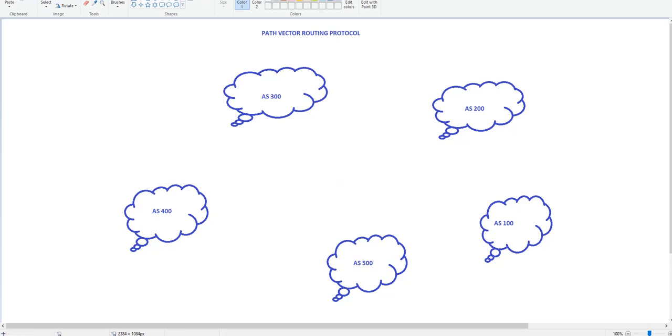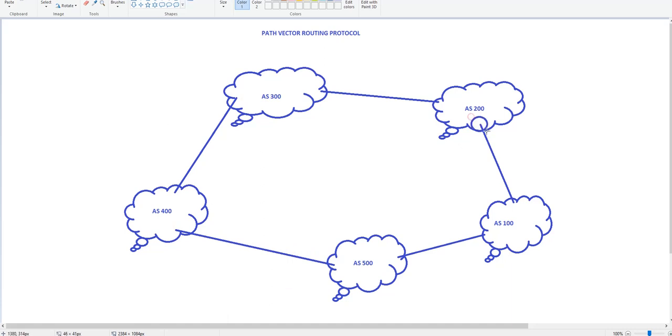Each AS has a bunch of routers, and we have connections between the routers from these AS, and we have a topology something like this. If you're confused, let me draw the routers something like this. There will be interconnection between these routers.